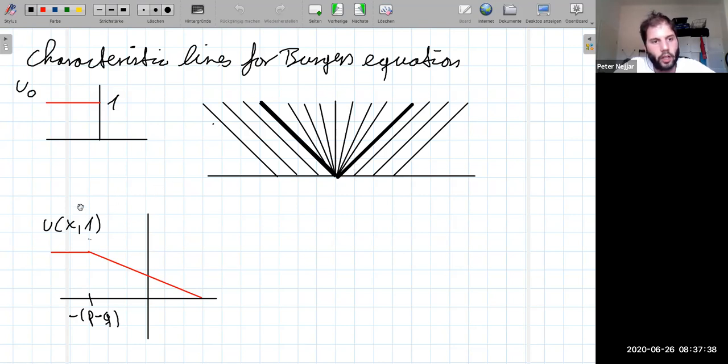What this means in terms of the particle density is that if you look at the solution of the Burgers equation at macroscopic time 1, you will see the so-called rarefaction fan, which is just a region where the density continuously goes from 1 to 0.